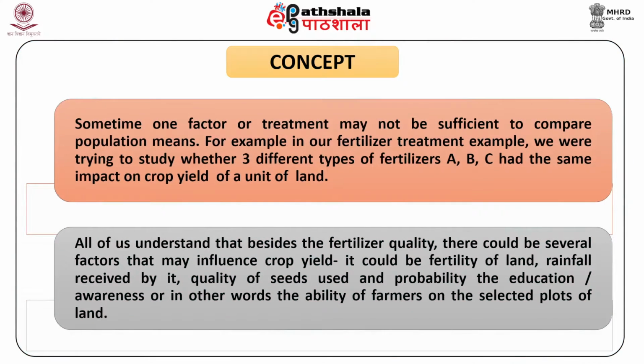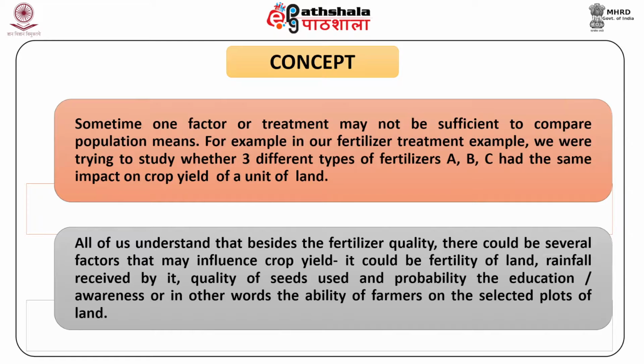Sometimes one factor or treatment may not be sufficient to compare population means. For example, in our fertilizer treatment, we were trying to study whether three different types of fertilizers, A, B, and C, had the same impact on crop yield of a unit of land. All of us understand that besides the fertilizer quality, there could be several factors that may influence crop yield.